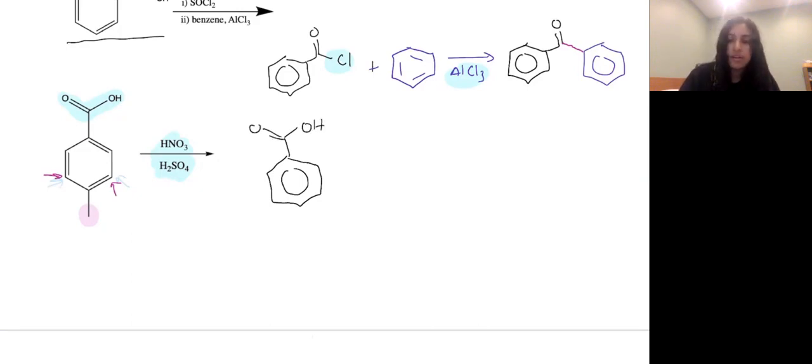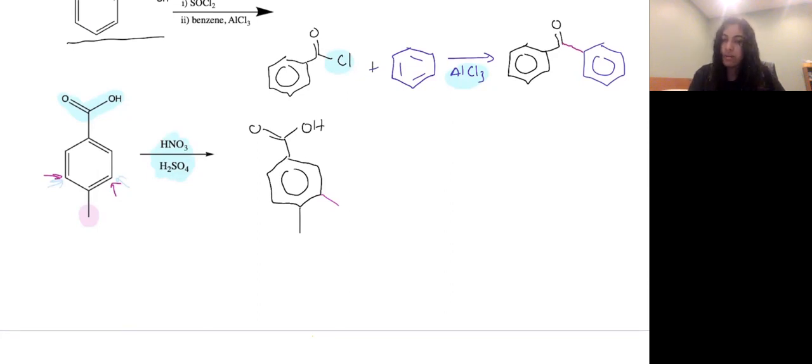Yeah, so it's not para because of the carbonyl, and it's also not para because the R group is an induction donor. So with induction, the further away you get from the R group, the less electron density you get. So the ortho positions are always ideal for an R group. So it's mostly an ortho director. So our new group gets added here, and it's just one product because of symmetry.